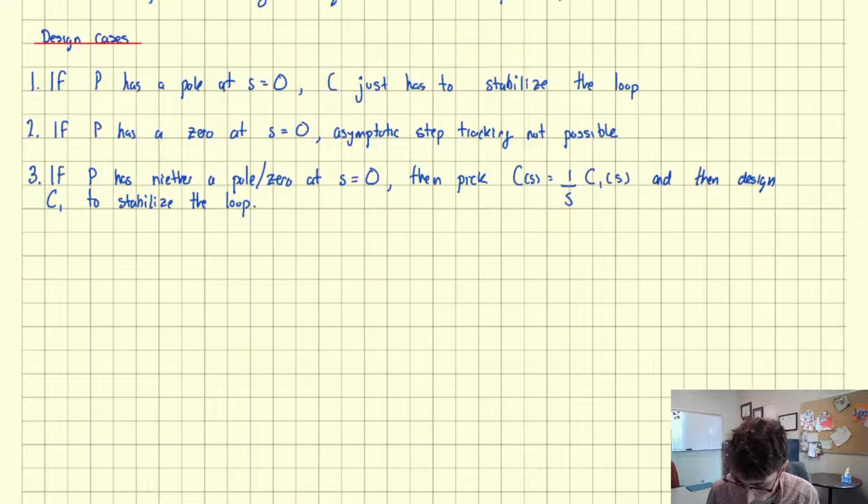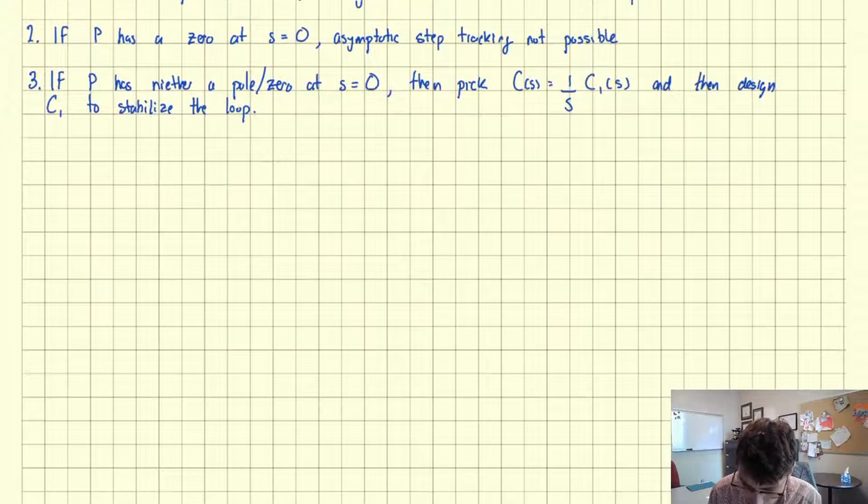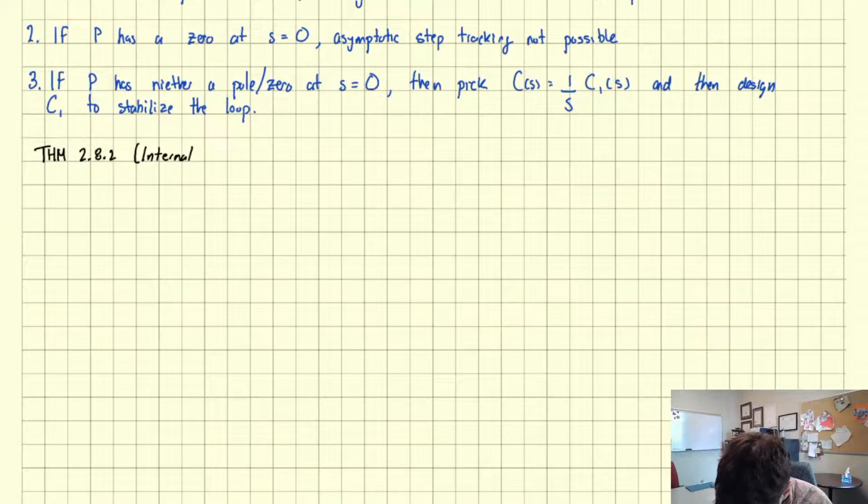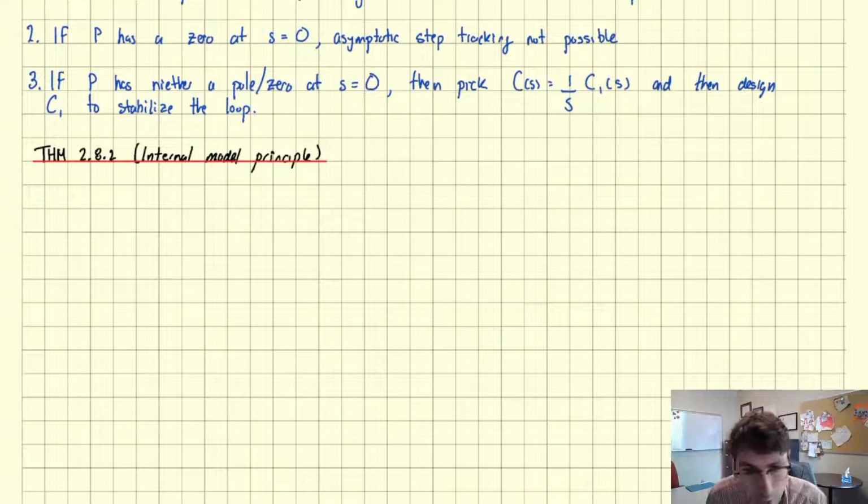We can generalize this. I'll make the statement, and then next class I'll have to finish it. So let's generalize what we just saw for step tracking. The so-called internal model principle. Beautiful idea.